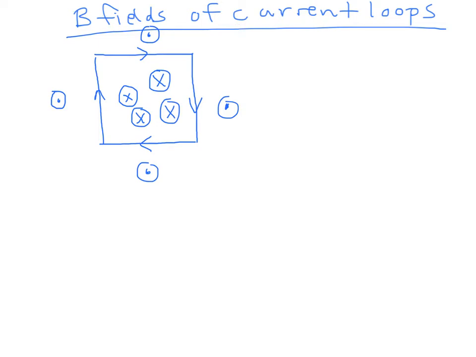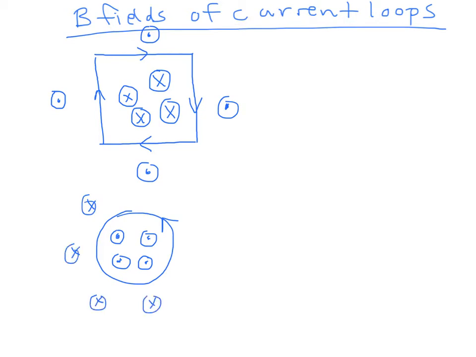So for example, if we were to have a circular loop of current, going in the counterclockwise direction, we would know that inside this current loop there's a magnetic field coming out of the board, and outside the magnetic field actually goes in the opposite direction. I know this because if I curl my fingers of my right hand in this direction, my thumb is pointing up.